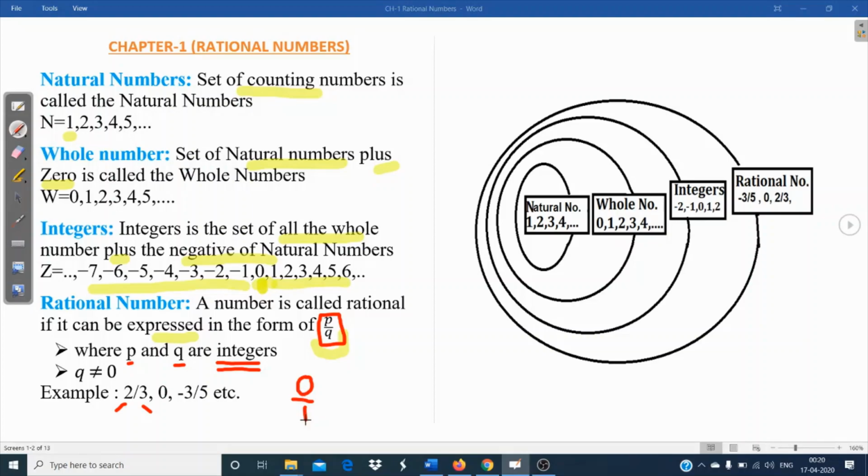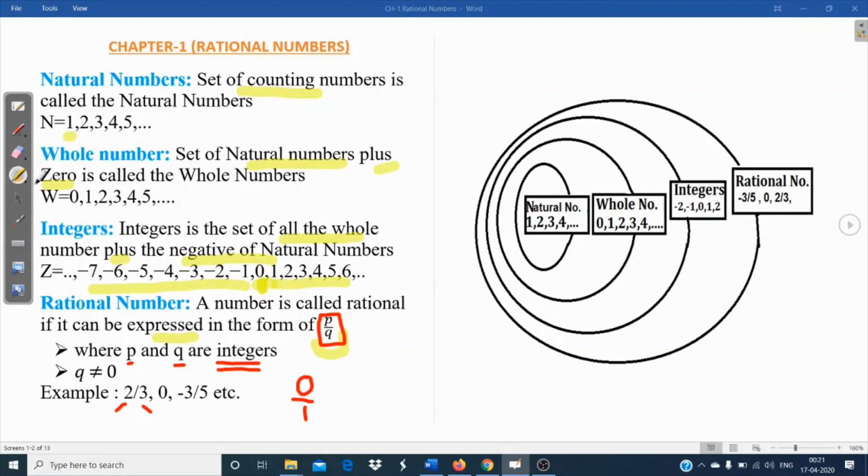So it can be expressed in the form of p upon q, where p and q both are integers and q is not equal to 0. So you can write 0 upon 100, also 0 upon 1000. The value will be the same, 0 itself. So 0 is also a rational number.